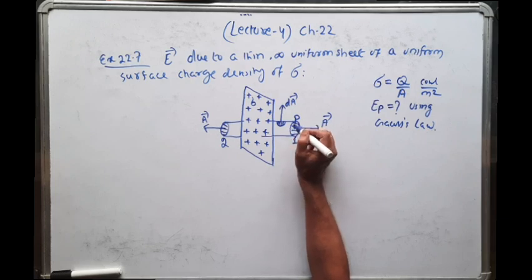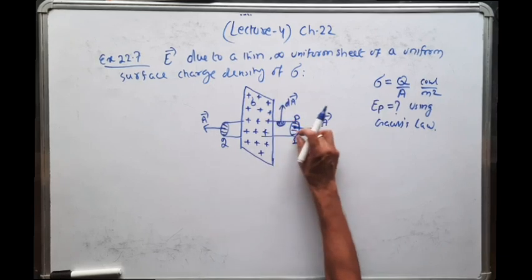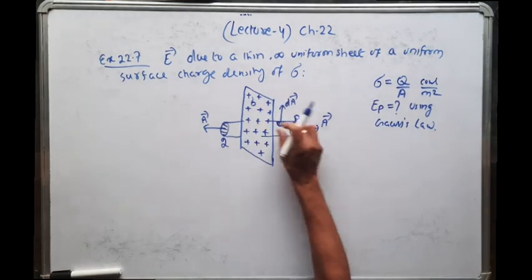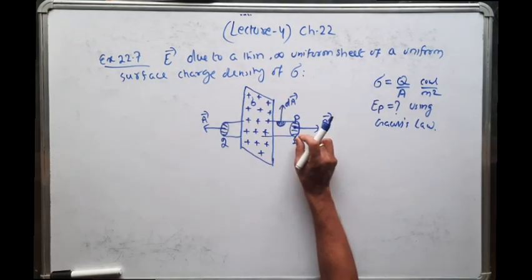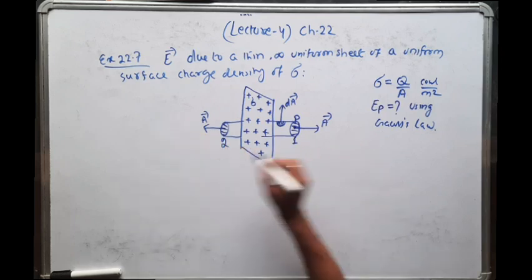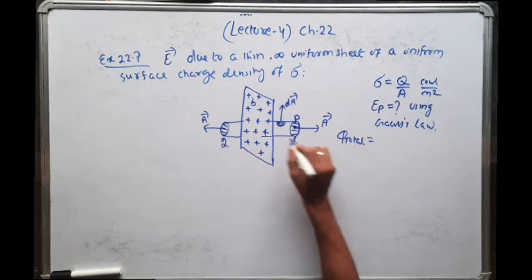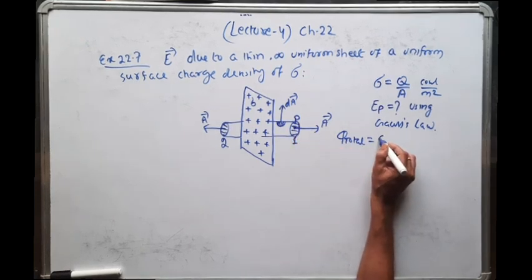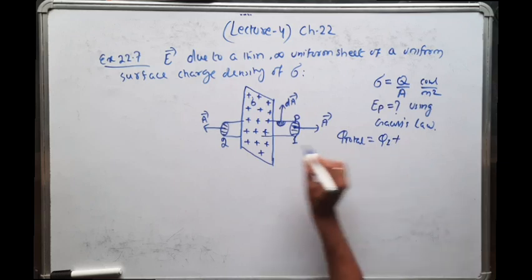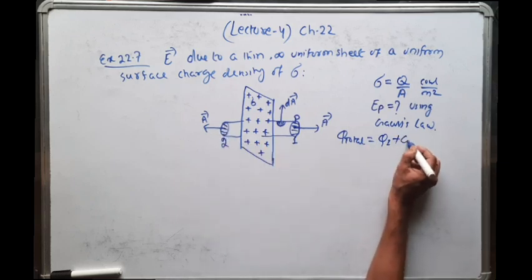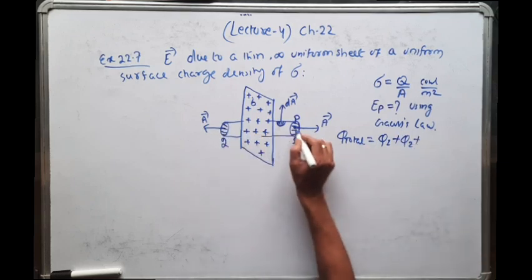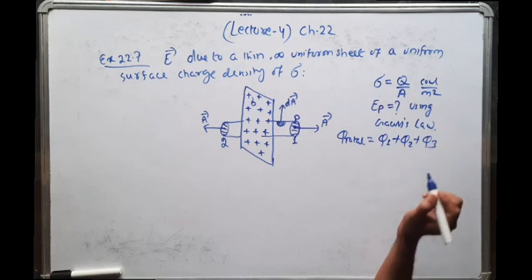Now I have to find the total flux through this Gaussian surface. The total flux from this Gaussian cylinder is the flux through the first surface, say phi 1, plus the flux through the second surface, say phi 2, plus the flux through the curved surface, say phi 3.